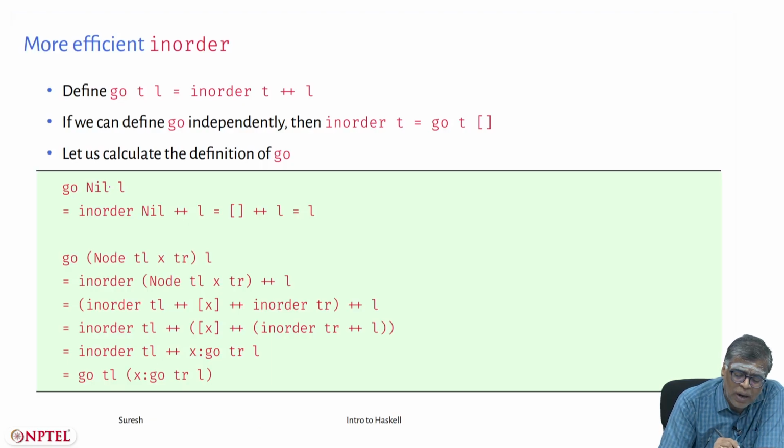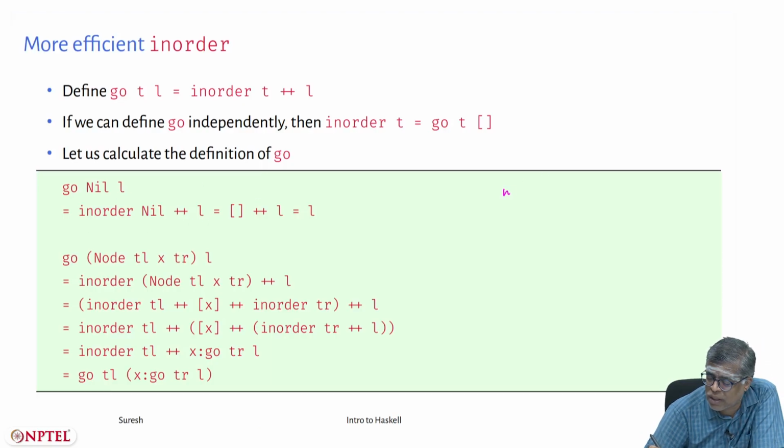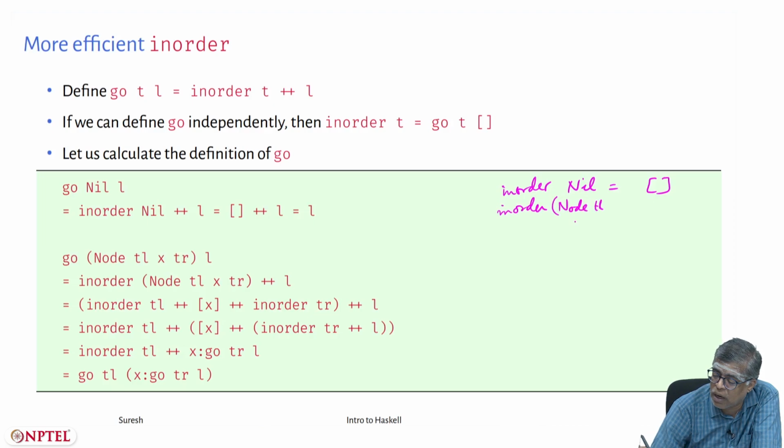So go nil L is in order nil plus plus L, just according to definition. But in order nil is the empty list. Just to recall, the previous definition we had was this: in order nil is empty, and in order node TL x TR was in order TL plus plus singleton x plus plus in order TR.